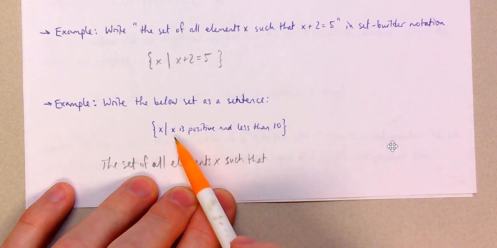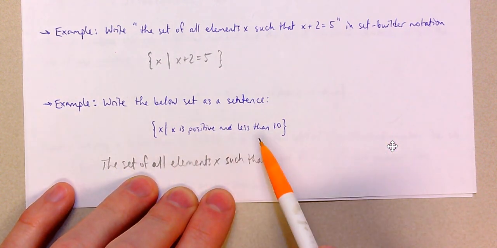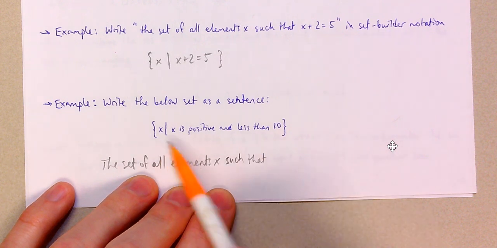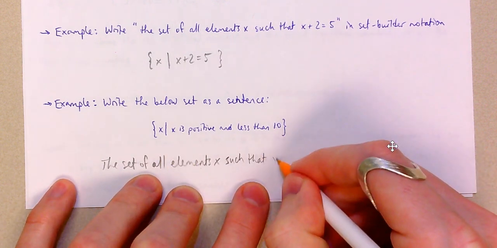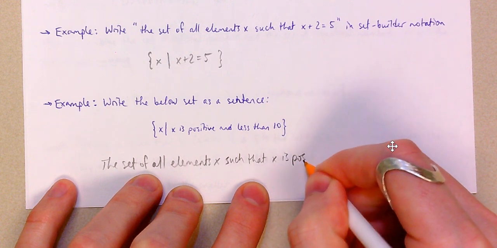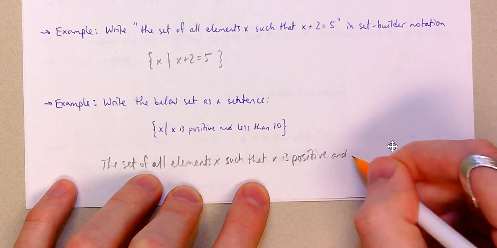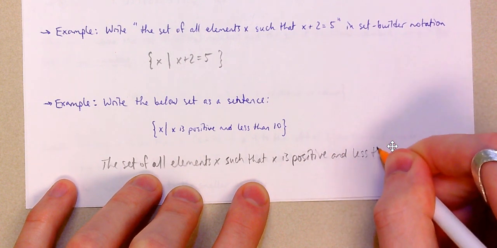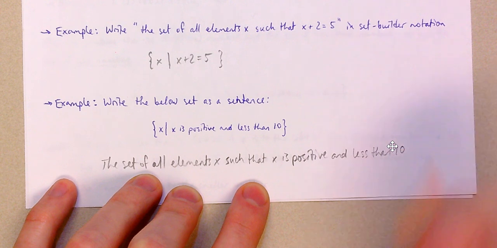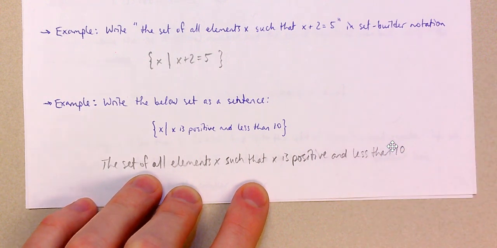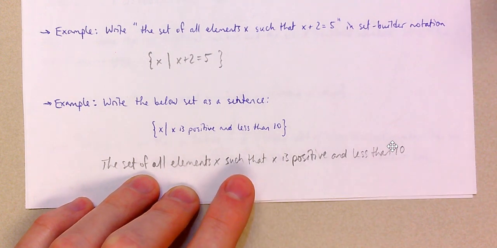And then we have what follows after our big vertical bar, completing the sentence. X is positive and less than 10. So there we go. Really easy, really straightforward to switch between a sentence and something we can write in set builder notation.